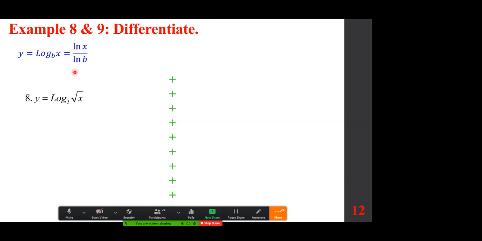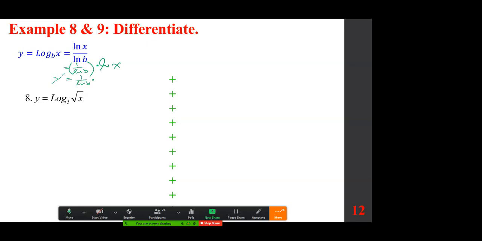Therefore, let's rewrite this actually as 1 over ln b times ln x. 1 over ln b is just a number, everybody. So if I want y prime, 1 over ln b is just a number.